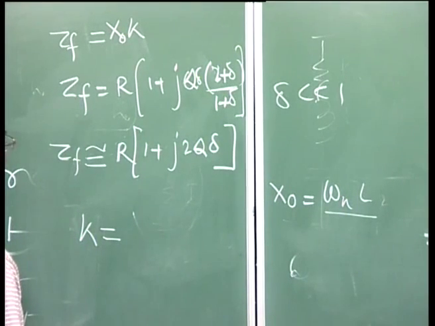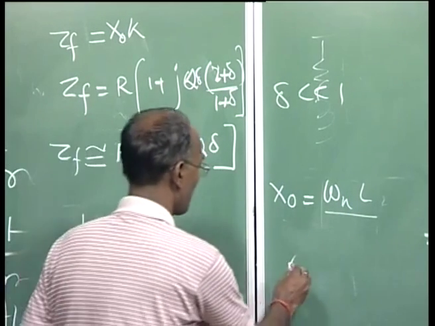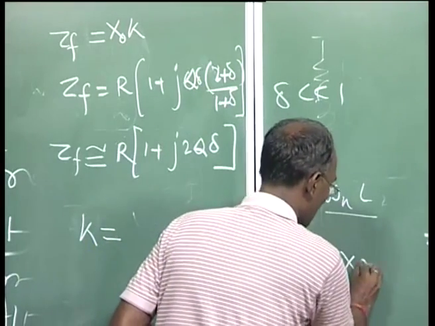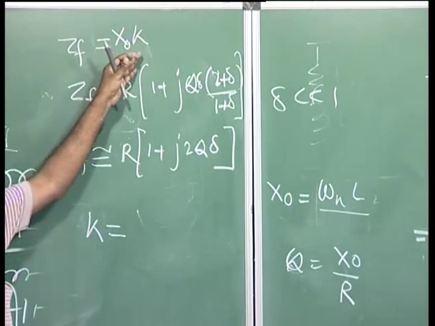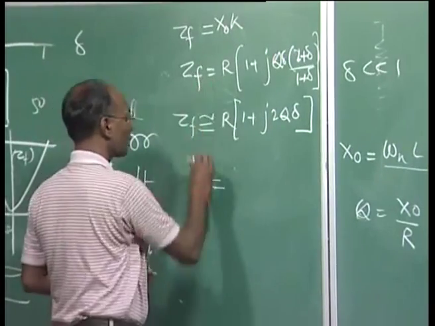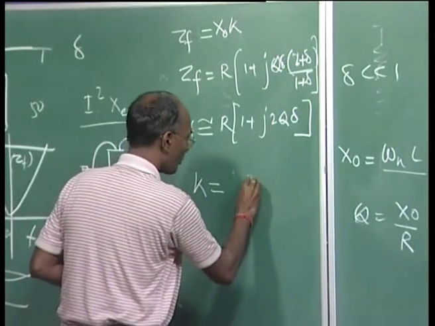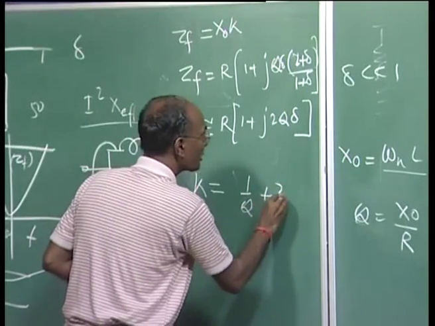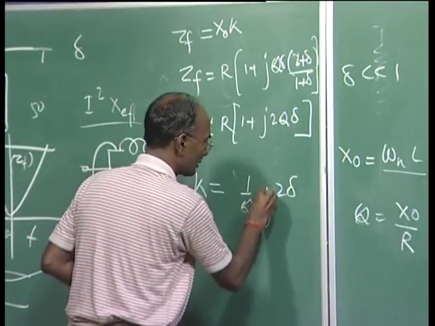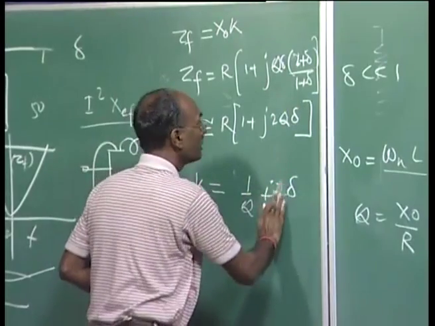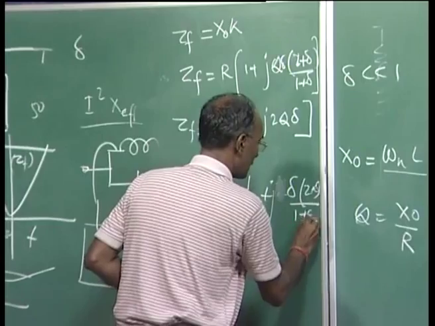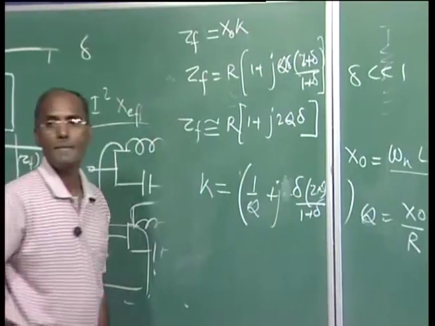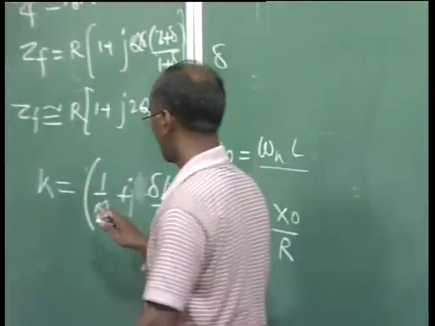Q is x naught by R. So it is very simple here. k will be 1 over Q plus j2 delta term here, or we can write this term as 2 plus delta, here 1 plus delta. So here we got this k is equal to this.